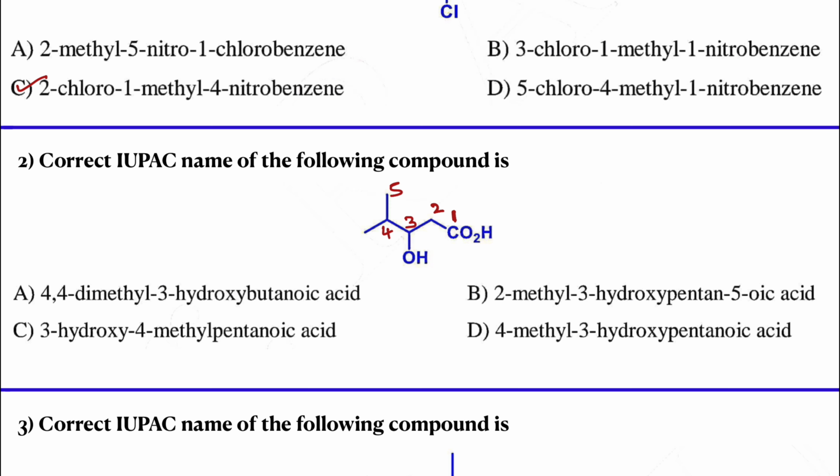Hydroxy is H, methyl is M. So hydroxy comes first according to the alphabetical order rule. So 3-hydroxy-4-methylpentanoic acid. So here this is wrong, this is wrong. So this will be 3-hydroxy-4-methylpentanoic acid.